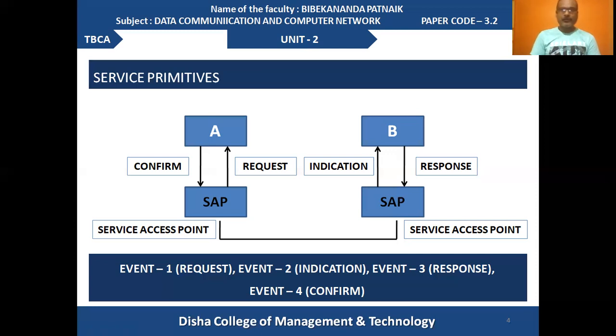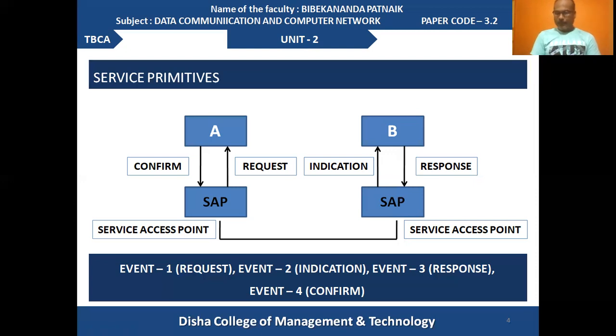So there are two sides, and right now A is basically the service provider and B is the service user. So first of all, user A or system A sends the request to user B through the service provider, by the use of certain functions.